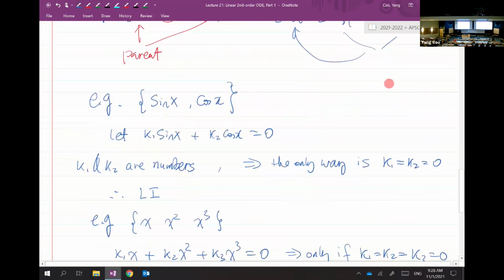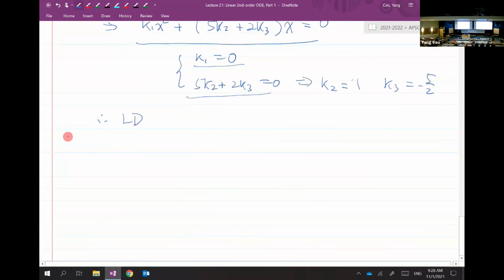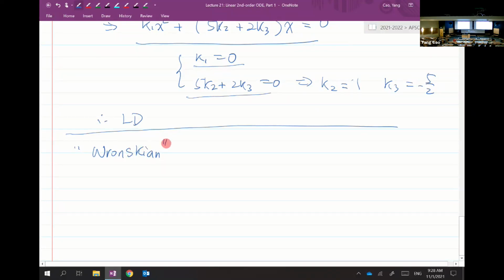Okay, now in the future, when we learn next, there's a concept of creating a matrix. The matrix is called the Wronskian. So we can use that approach also to show whether a set of functions is linear dependent or linear independent. So just keep in mind, we will come back to what the Wronskian is.